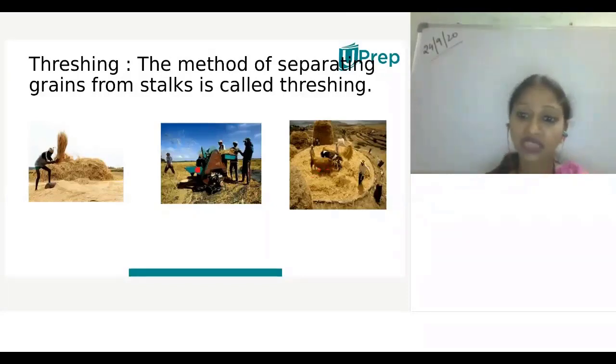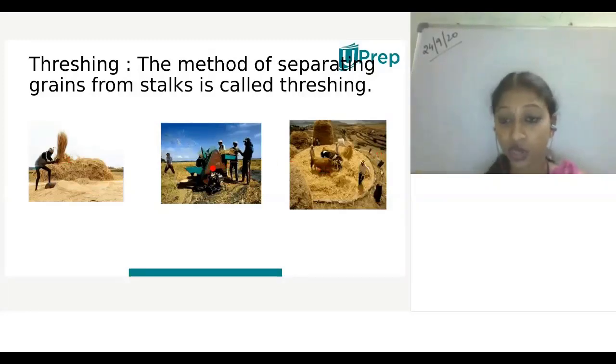But when we compare all three, the machine is the best way to separate the grains from the stalk. Ma'am, I have seen beating on the floor and all.